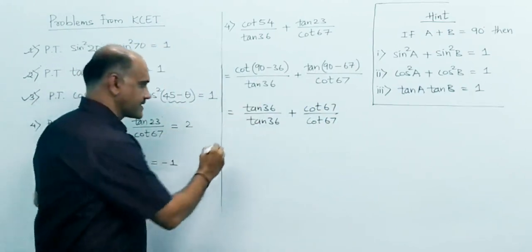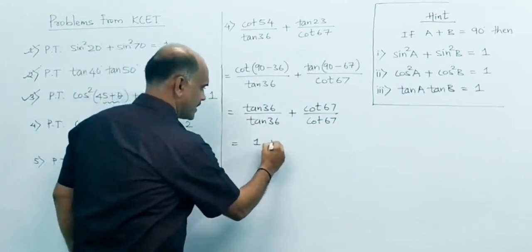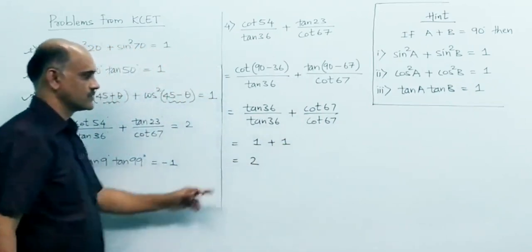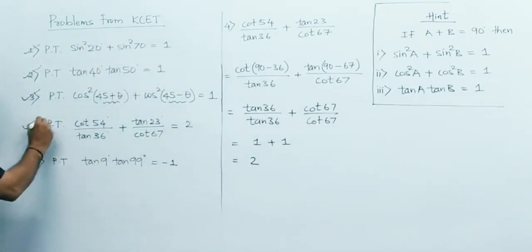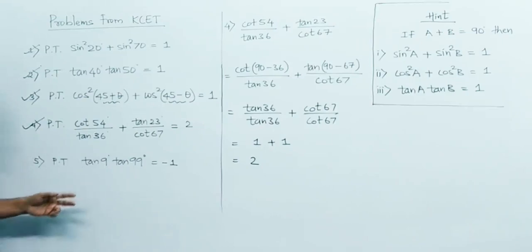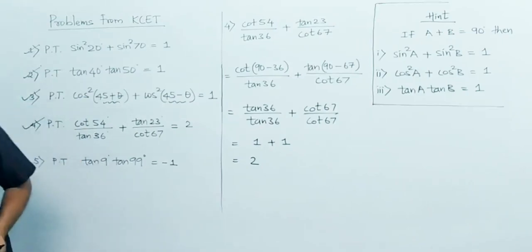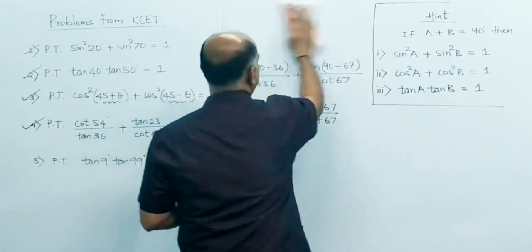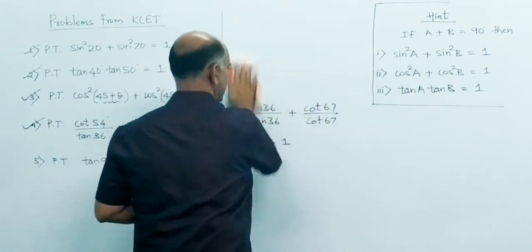The terms get cancelled, you will have 1 plus 1, which is 2. That is our answer for the fourth one. Clear students?